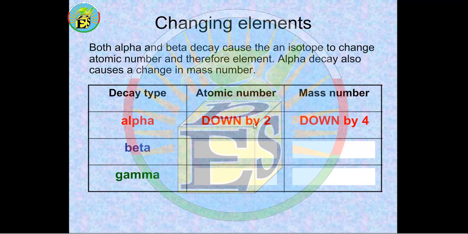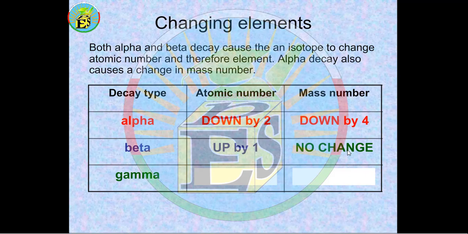2 protons from the atomic number, and 2 protons plus 2 neutrons equal 4 from the mass number. Beta: atomic number up by 1, mass number no change. Up by 1 means it will change. We have an extra proton, so it will be up by 1, but no change in mass. Why?